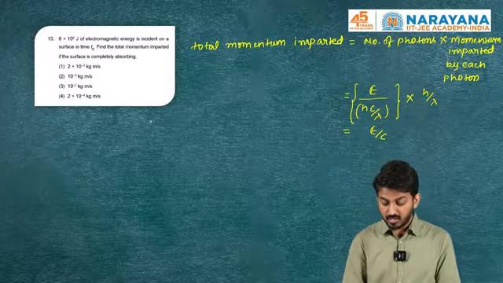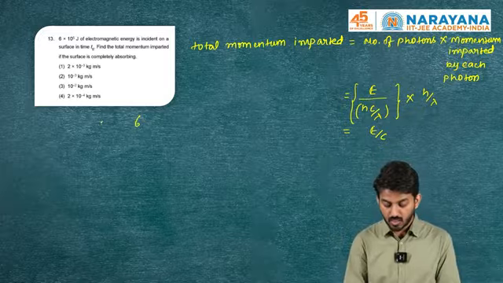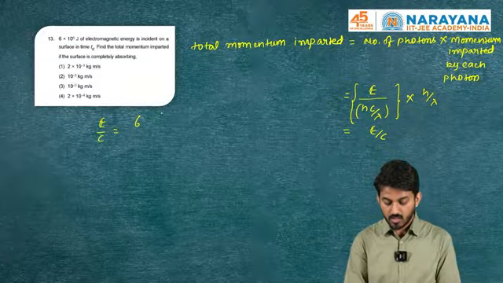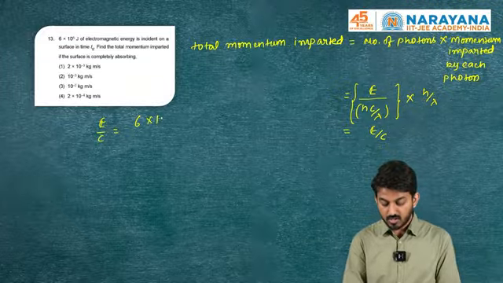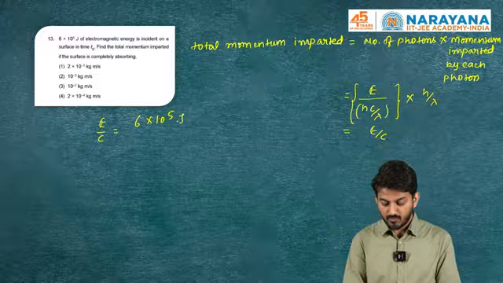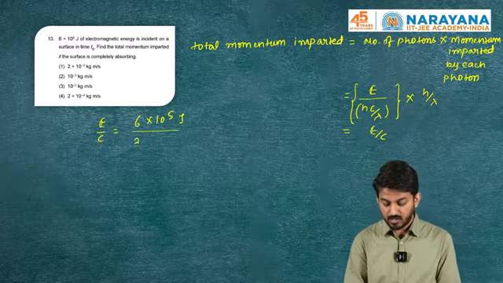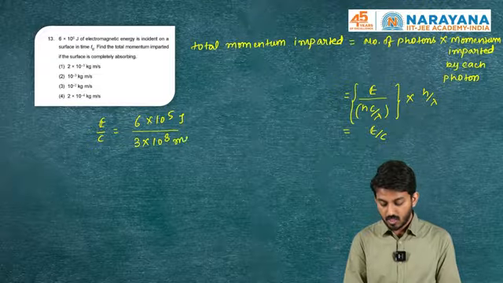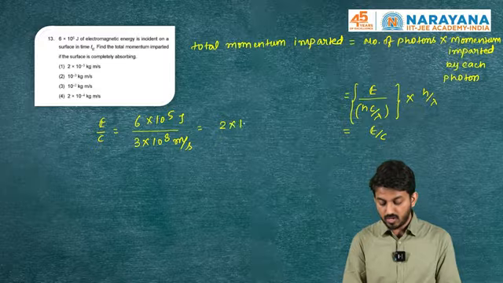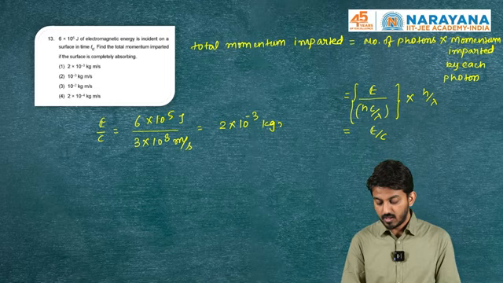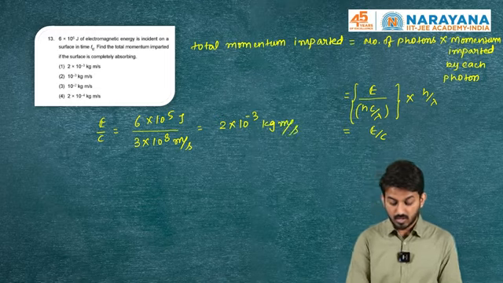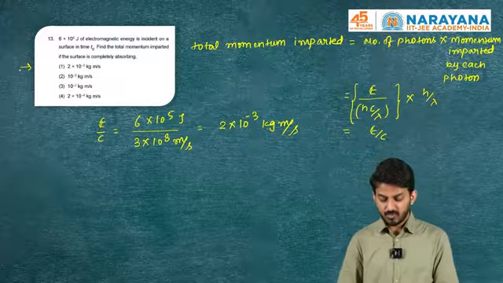To calculate the answer here, we do 6 into 10 raised to power 5 joule divided by c, which is 3 into 10 raised to power 8 meter per second, giving us 2 into 10 raised to power minus 3 SI units, which is kg meter per second. So first option here, simple question.